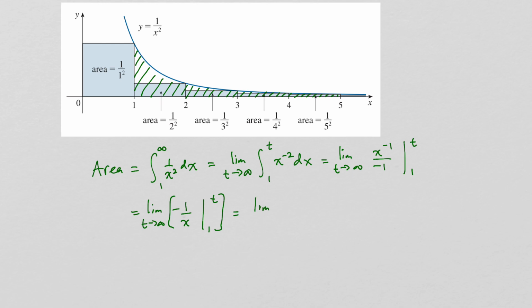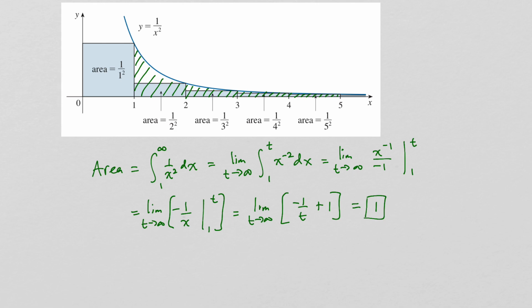And of course, this is the limit of negative 1 over t plus 1. And this is equal to 1. So we know the area under the curve from 1 to infinity is equal to 1.